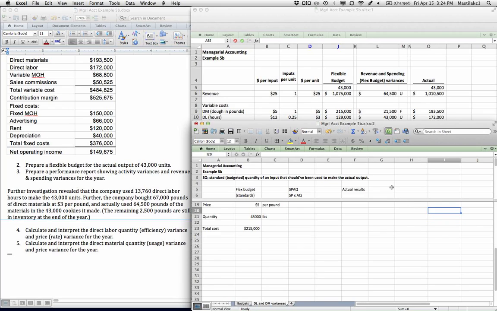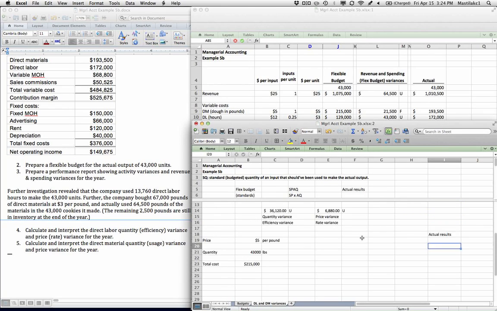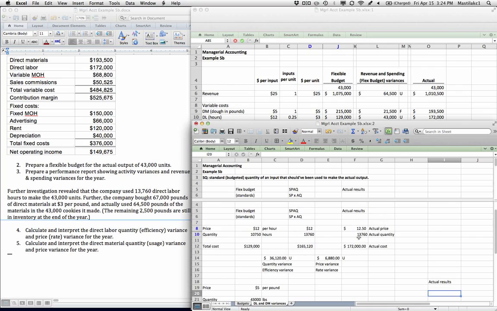If we think about what we did for our direct labor, the difference between our SPAC, our standard price of actual inputs, and our actual results gave us our price variance. Think about what we want to know for our price variance for direct materials.